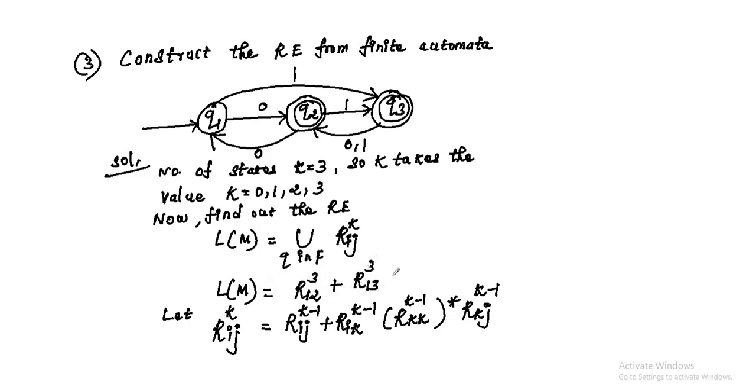When k value is 3, we only need to find out the value R12 raised to the power 3 plus R13 raised to the power 3. And the next equation is Rij raised to the power k equal to Rij raised to the power k minus 1 plus Rik raised to the power k minus 1 into Rkk raised to the power k minus 1 whole star Rkj raised to the power k minus 1.